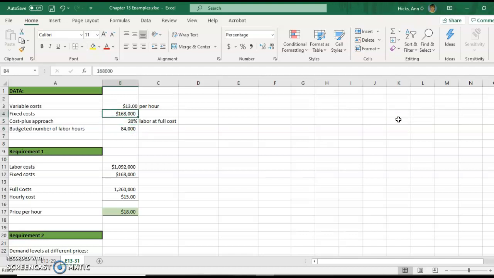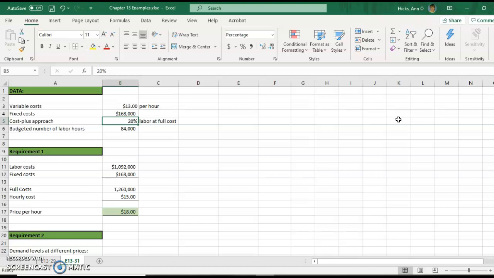Our variable costs are $13 per hour. Fixed costs, $168,000. And we're proposing a cost plus approach for pricing our labor to be 20% of labor at full cost, similar to the previous problem.